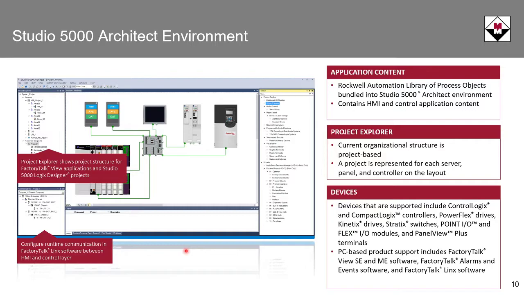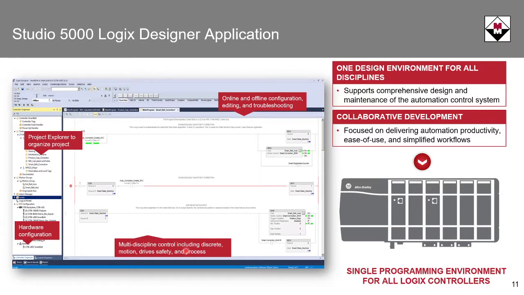You can drag and drop content from the bundled PlantPAx library, including add-on instructions, user-defined data types, global objects, and faceplates. Architect reduces the tools needed to create initial control and visualization projects. It can also improve time to market for projects by exchanging control hardware data with typical engineering tools like ePlan and AutoCAD. Logix Designer, you all know, is the single programming environment for all Logix controllers.